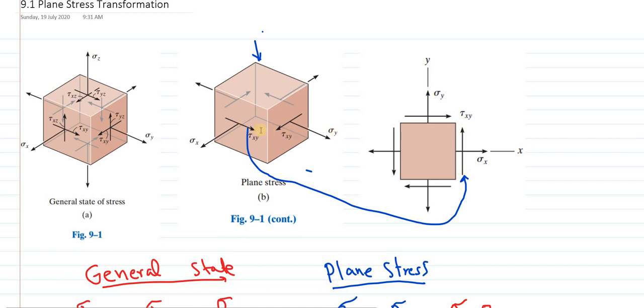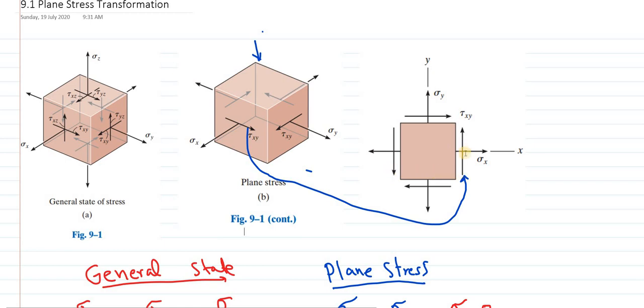Now, if this magnitude is tau xy, the magnitude on the opposite face by equilibrium will also be tau xy. That's why we are showing this one, and this must be in the opposite direction. Now you have established the direction of this one. You need to know the direction of this, and then you can fix the direction of this, which will be opposite.